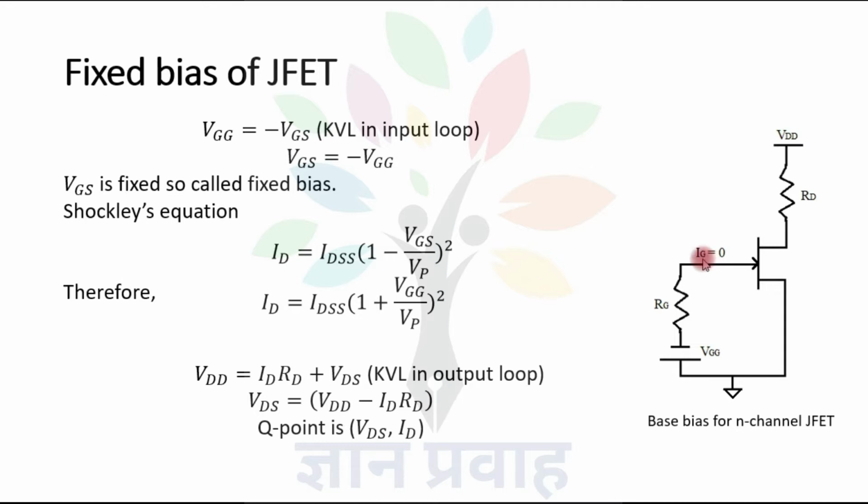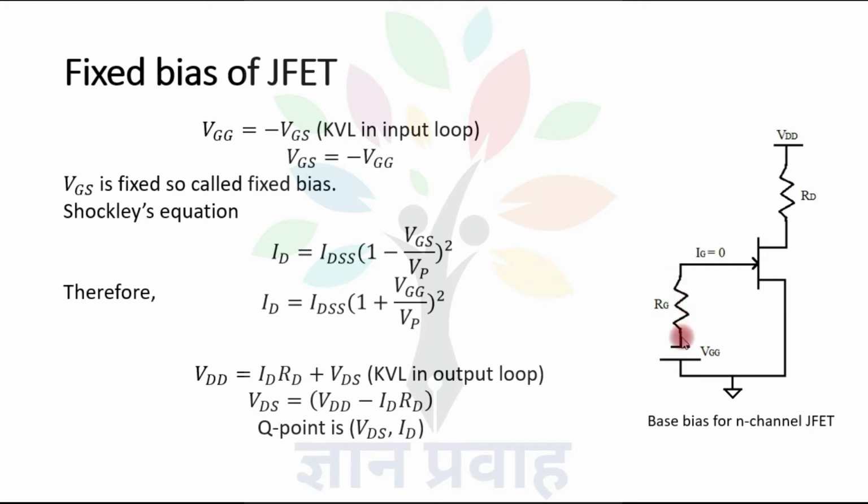It means the voltage drop across this resistance is 0, because the voltage drop across this resistance is VRG, and VRG equals RG into IG. IG is 0. So VRG is 0. So this resistance can be replaced by a short circuit here.